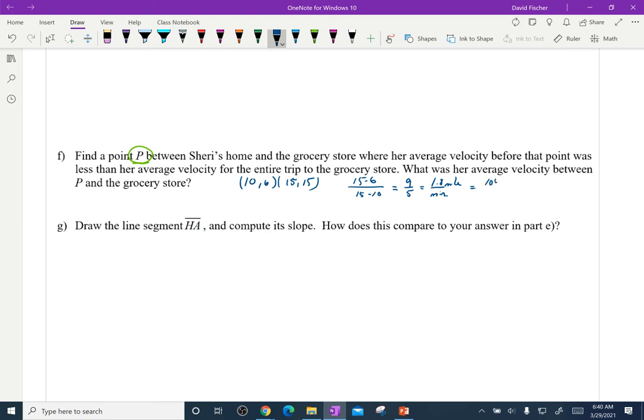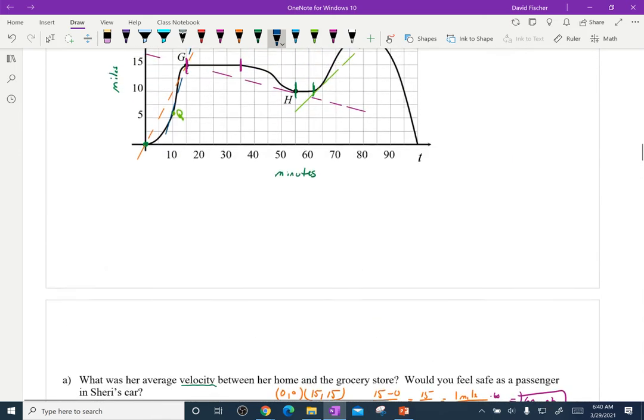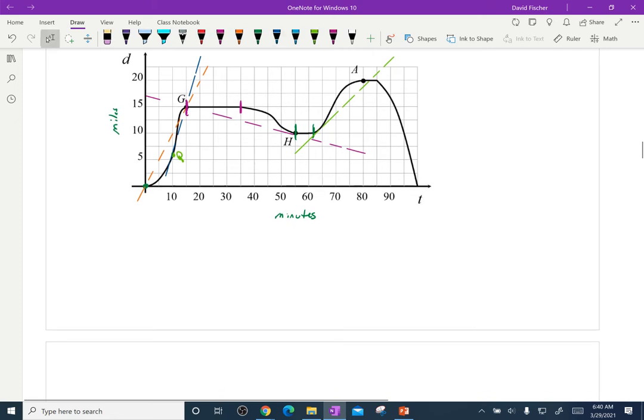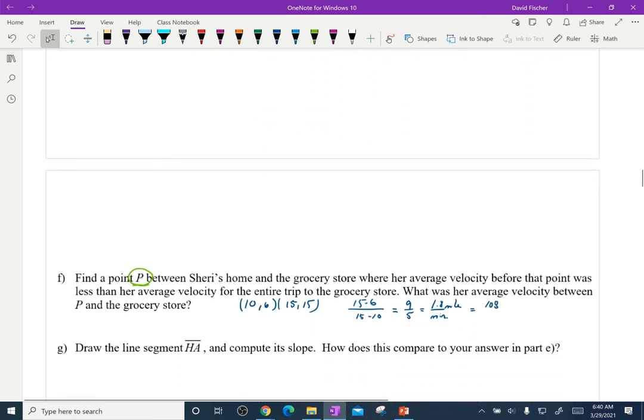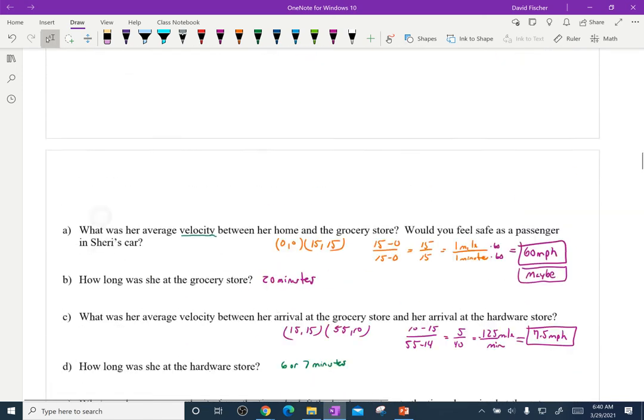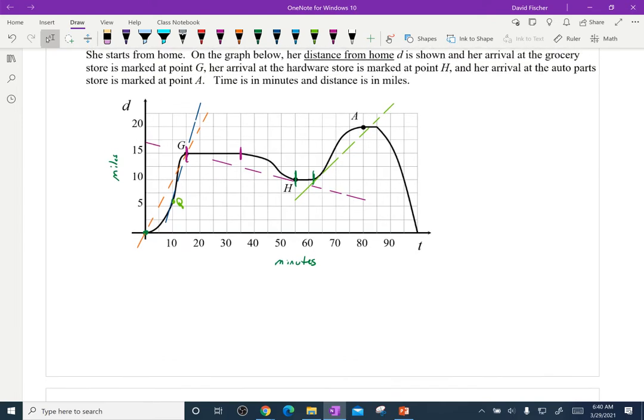If I did my math right, let me check those coordinates out. 10, 6. Yeah, it'd probably be okay. Looks like they're counting by 2.5s, so 6 would be okay. And my other coordinate was 15, 15.